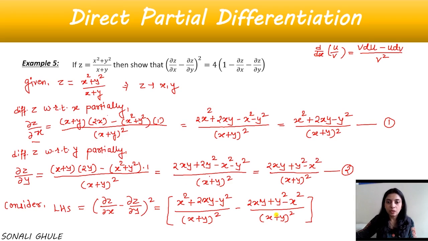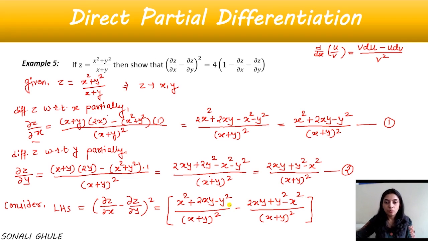After writing the denominator, I am now going to solve this numerator, doing the subtraction. When I do subtraction, x square plus 2xy minus y square minus 2xy minus y square plus x square. So I hope you are understanding what will be the remaining part.